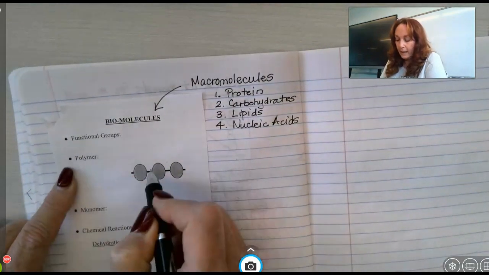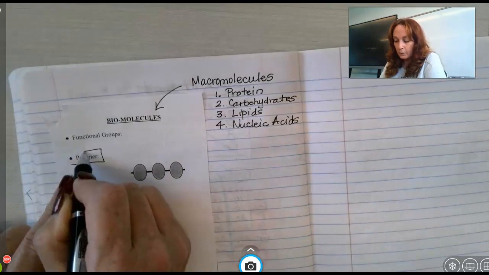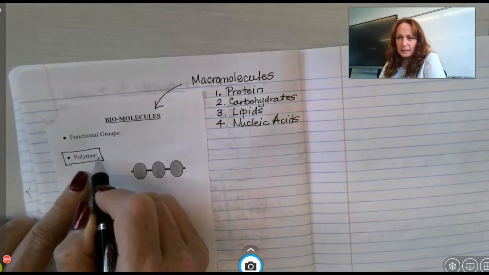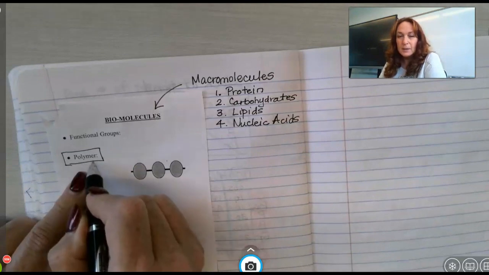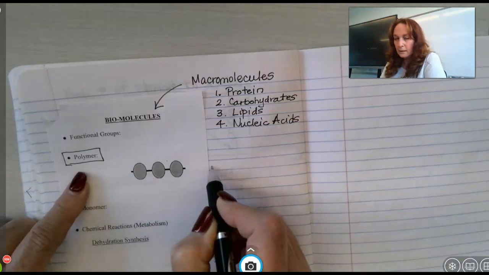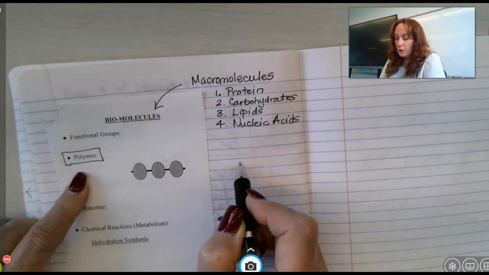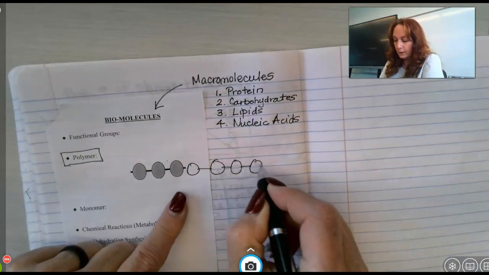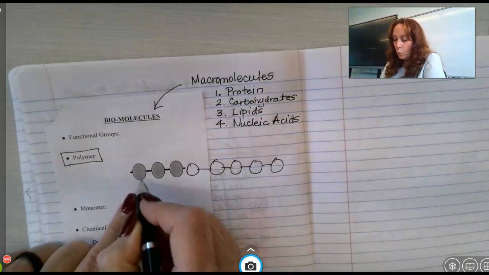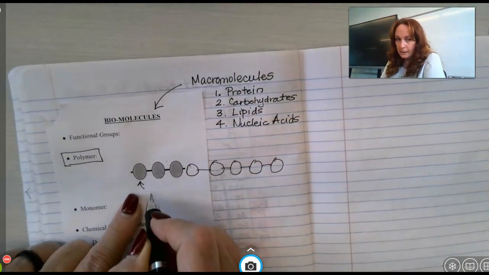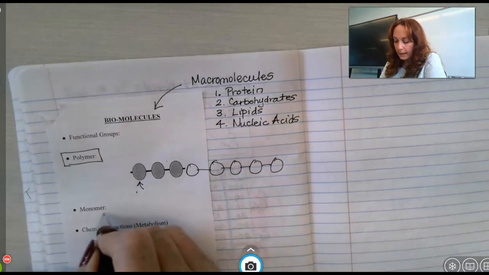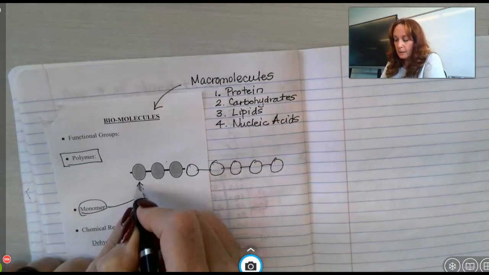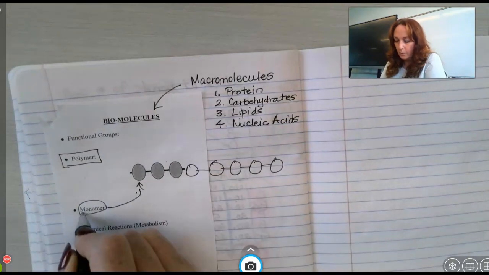You're going to have a polymer, and poly just means many, many pieces. This is honestly the best way to draw it: almost like beads on a string. Each one of these little pieces symbolizes a monomer. So this is the single piece; that's what mono means.